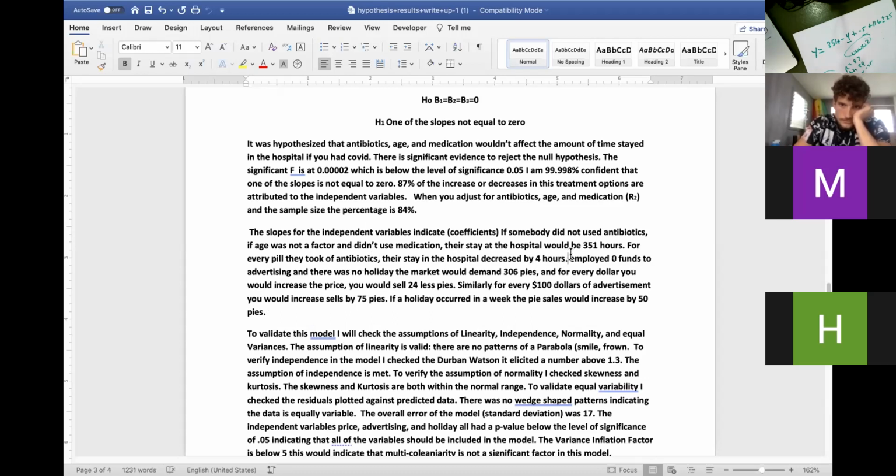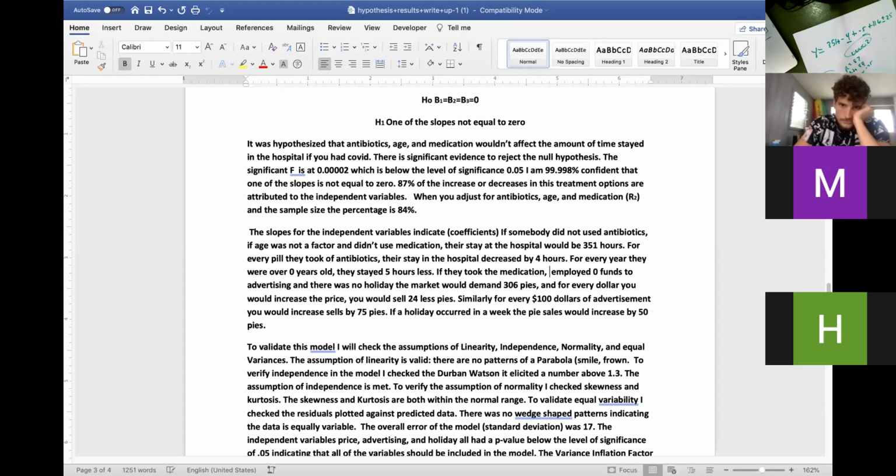Yeah. Okay. And for every year that they were over 0 years old, I guess, they stayed 5 hours less. And if they took the medication designed for COVID, they actually stayed 116 more hours.